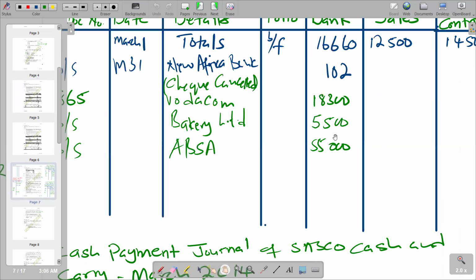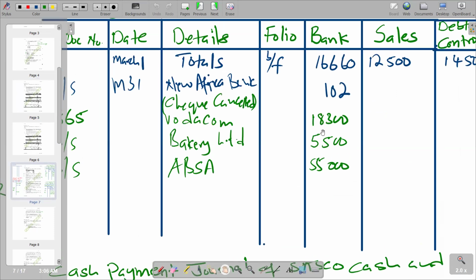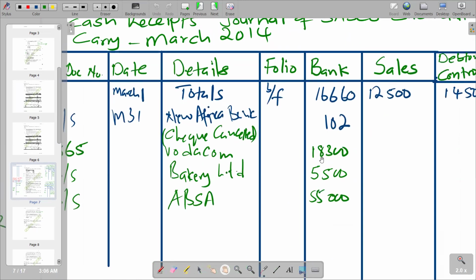You see that this is the bank column for the cash receipts journal. So we can just add there. We are just going to indicate here, and then we put the total. So we can just try to add 16,660.